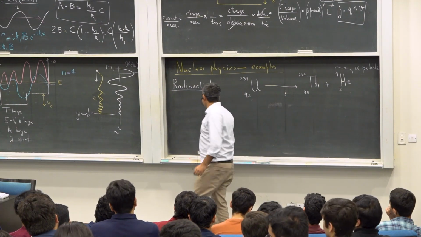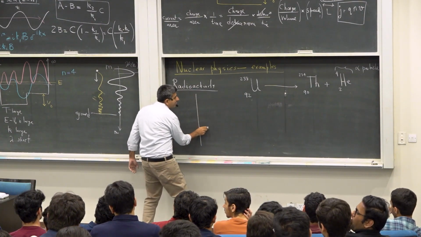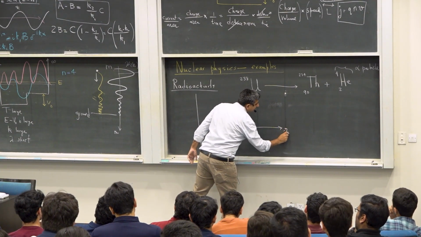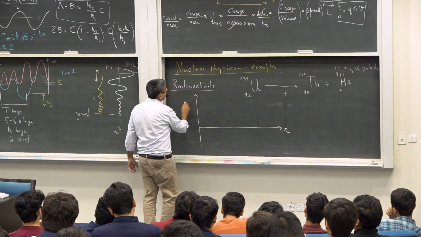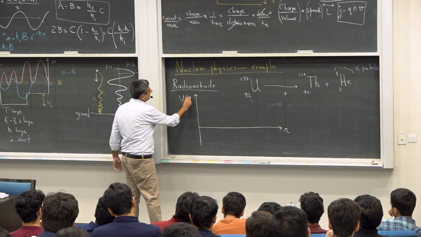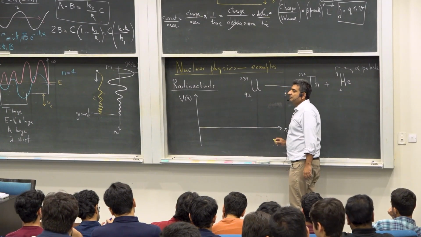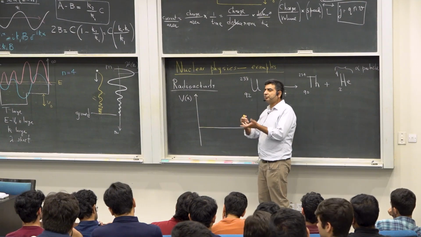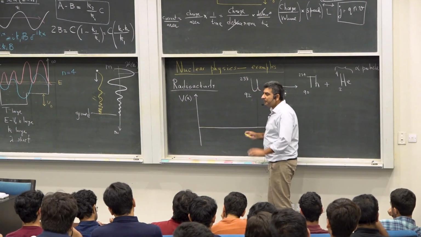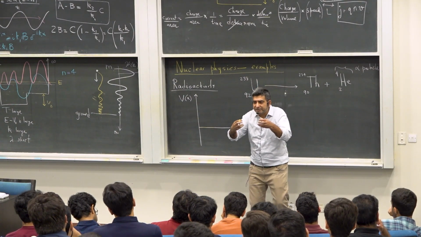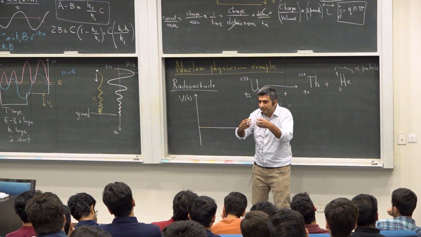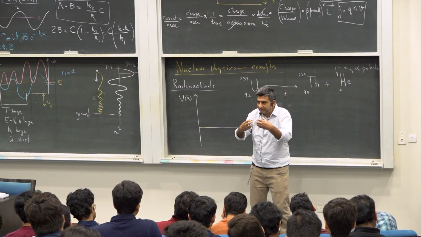Now, if I want to make a diagram, distance, energy. Let's call this the energy V. It depends upon the distance. Let's consider 2 protons. If I bring 2 protons together, will the energy go up or down? Up, because you're moving against the repulsive force.